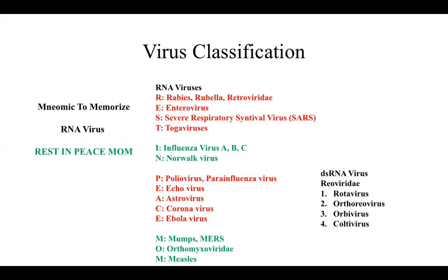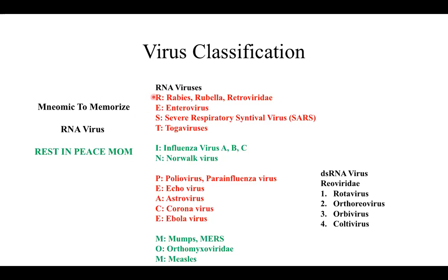Now, let's memorize the names of the RNA viruses. In order to memorize the names of RNA viruses, there is a mnemonic. Here is the mnemonic: Rest in peace, mom.